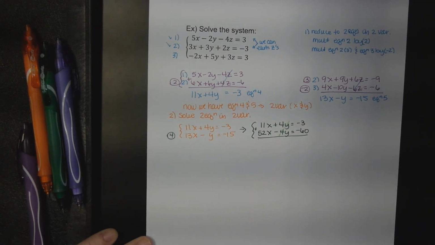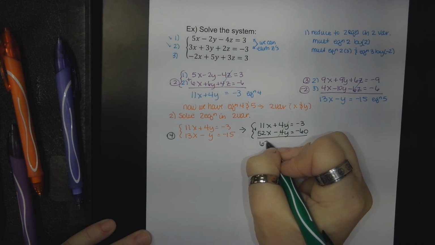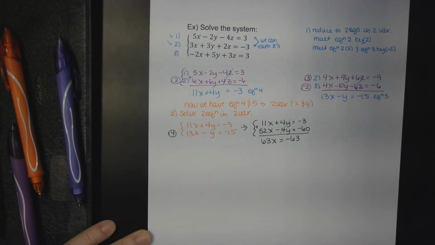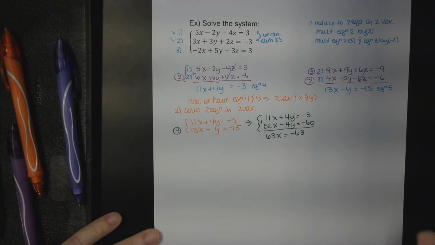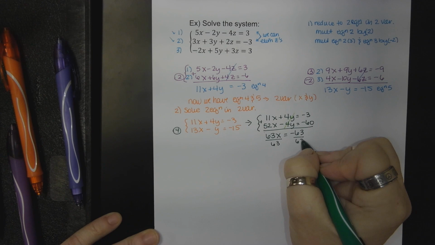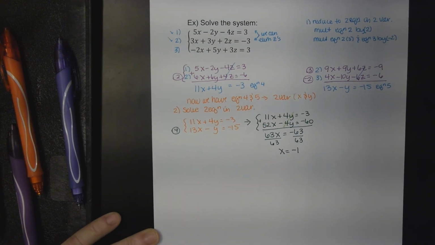These cancel, okay? So this is going to be 63x equals negative 63. Now it's making more sense, right? So we divide both of these by 63. Our x equals negative 1.